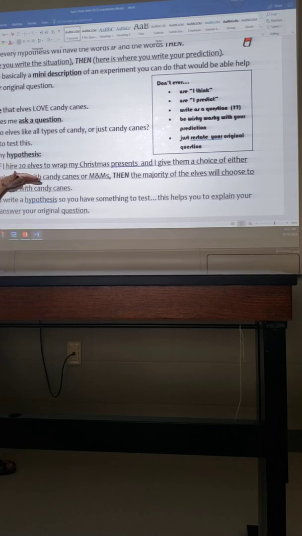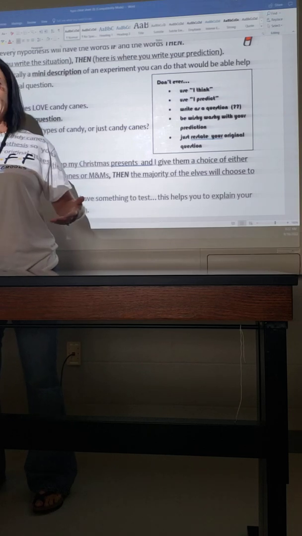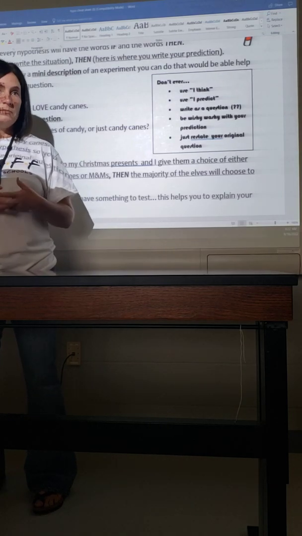Okay, but this would definitely answer my question, because my original question is, do elves like candy canes or all kinds of candy? And so the whole reason is to help me explain or answer that initial question. And the way I have this set up, if I set up an experiment to follow this, it should give me that information. Now, the other thing, a lot of times when you do an experiment, it just leads you to ask more questions.